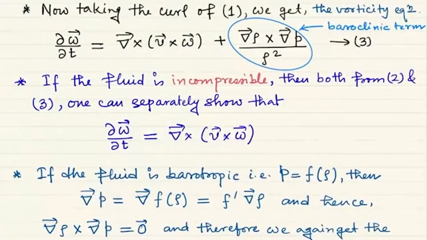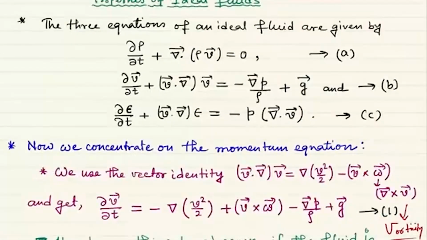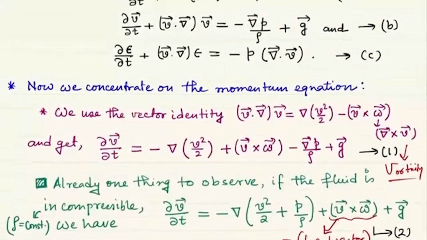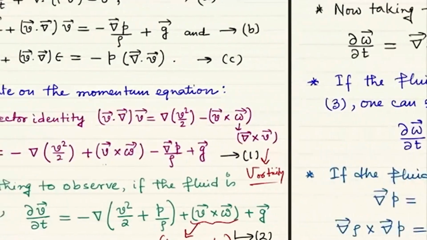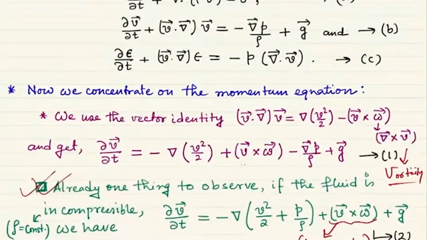Now if you take the curl of this equation number 1, that was just a digression for the special case of an incompressible fluid. Coming back to the original part where rho is a variable itself, if we take the curl on both sides, this part will be del t of curl of v.